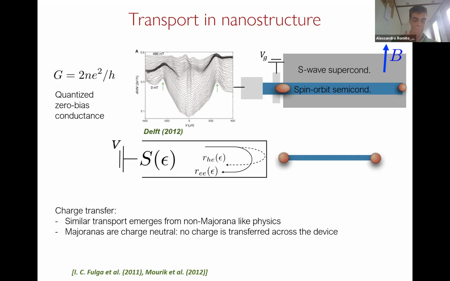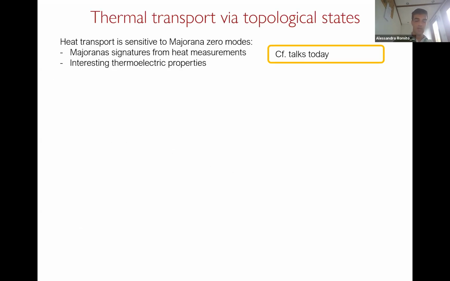And also these limitations don't exist for neutral currents. So there's been a number of works that try to look at thermal properties and thermal transport in these systems. Many have been reported in today's talk.